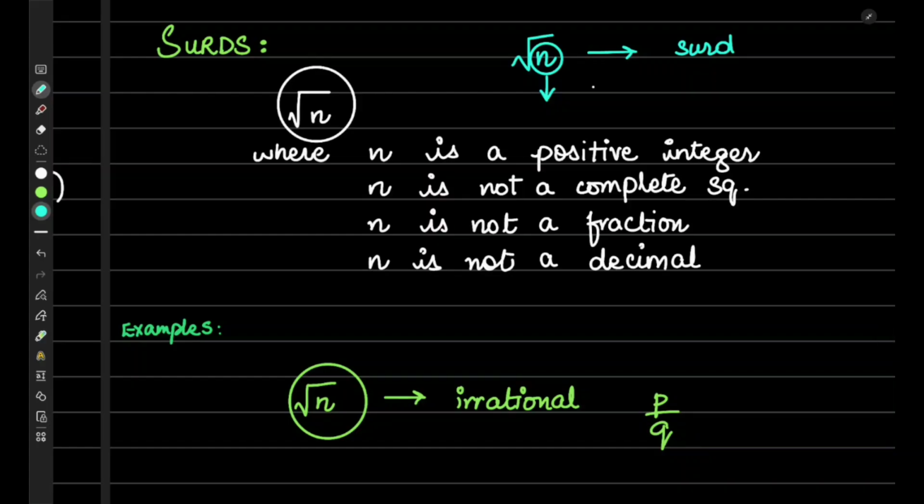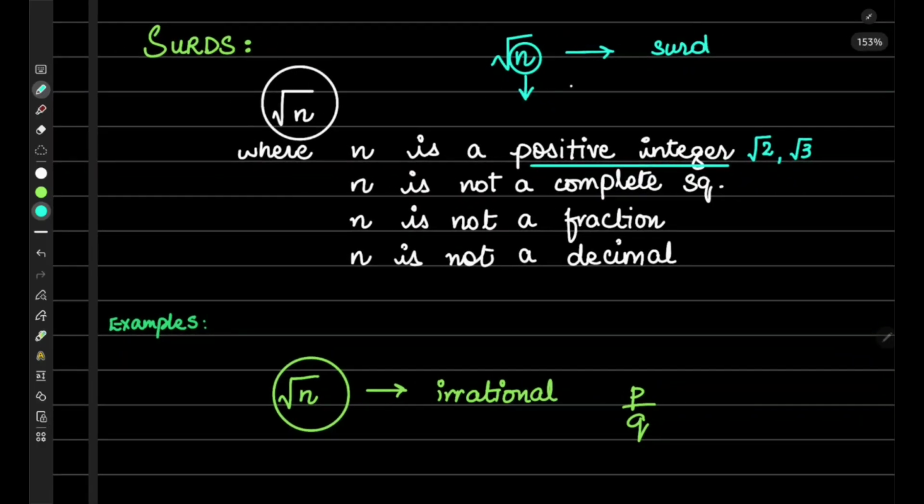First of all, n must be a positive integer. It should be like square root of 2 or square root of 3, but it will never be like square root of minus 7. No, it's not a surd.